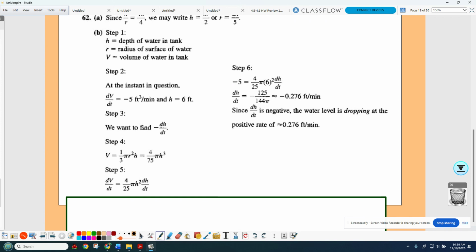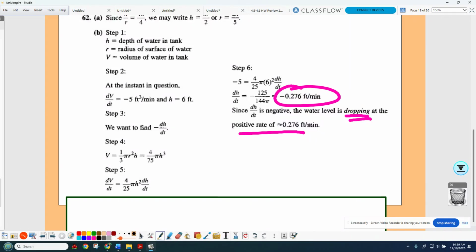You could say the rate of change of the water level is that, negative blah feet per minute. But if you say it's dropping at the positive rate, like if you say it's going down, you need to say by a positive number. It's just always the magnitude.